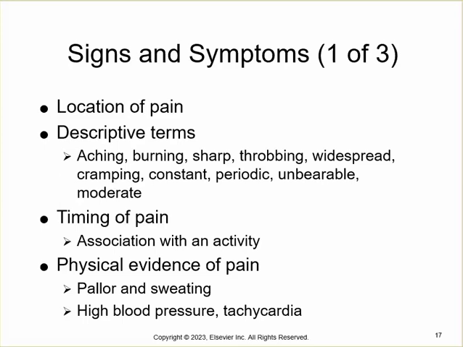If somebody is telling you that their pain is a 9 out of 10 and it is sharp and aching and cramping, and you don't see any sweating or pallor, and when you take their pulse it isn't up, and their blood pressure isn't up, they're probably malingering. They're probably lying about it.